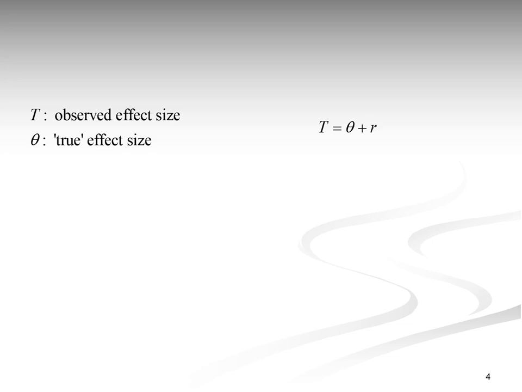For instance, for the standardized mean difference, we have seen that the sampling variance is more or less equal to 4 divided by n, so 4 divided by the total sample size. So we can estimate the sampling variance before we start our meta-analysis. Therefore, sampling variances are considered as known in our meta-analysis.